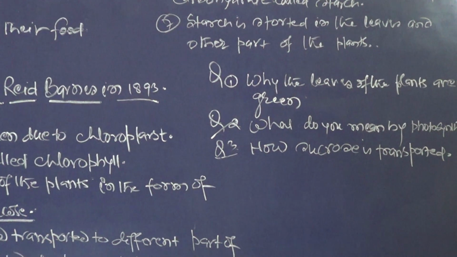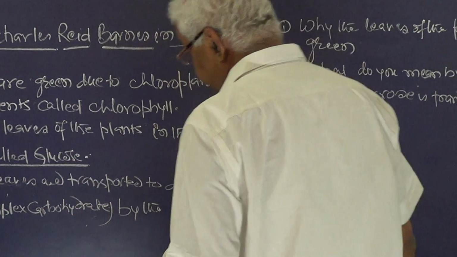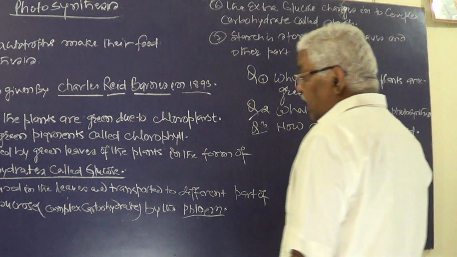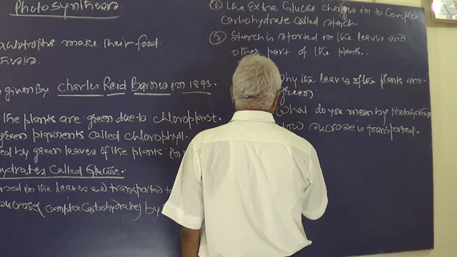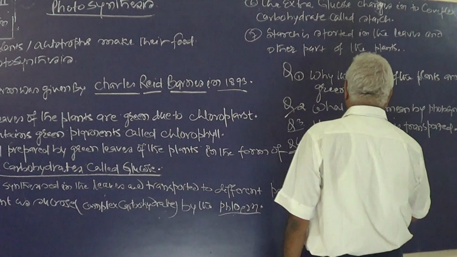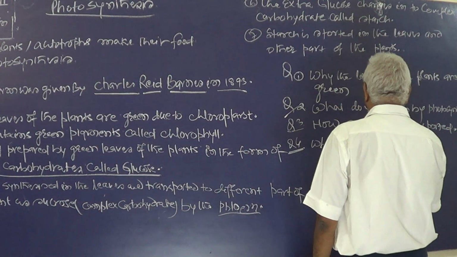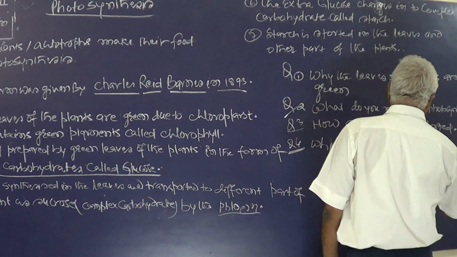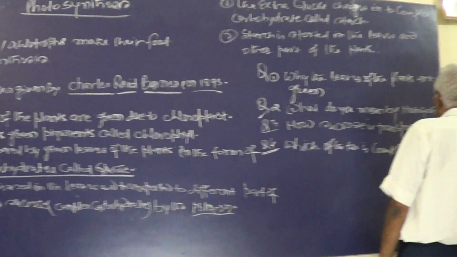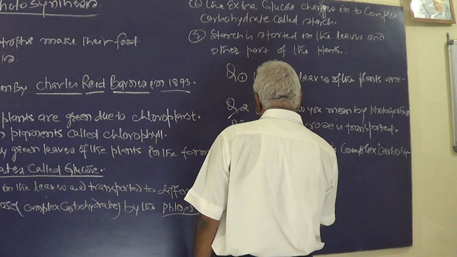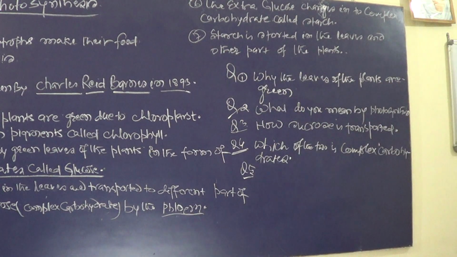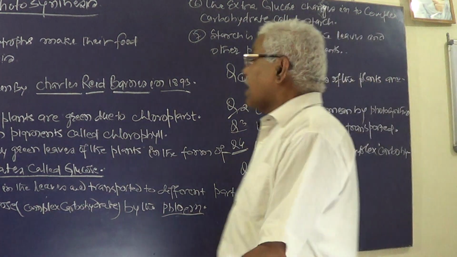Next question, the fourth question: which of the two is a complex carbohydrate? Answer: you know that sucrose is the complex carbohydrate.